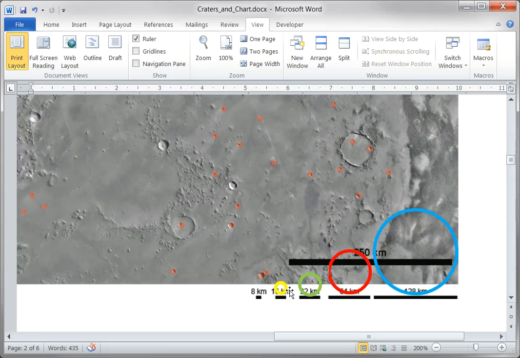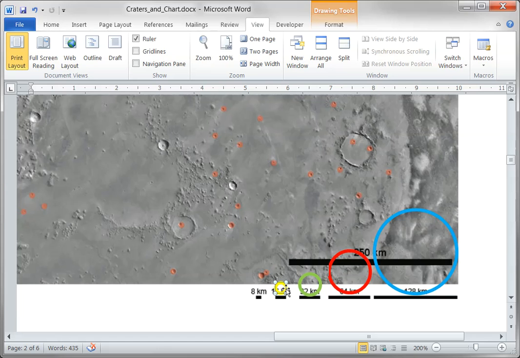So to measure it, let's look at some craters. Here's a crater that's reasonably sized. Here's a smaller crater. There's another large crater over here. We'll grab the smallest circle. You can see little handles appear on it.